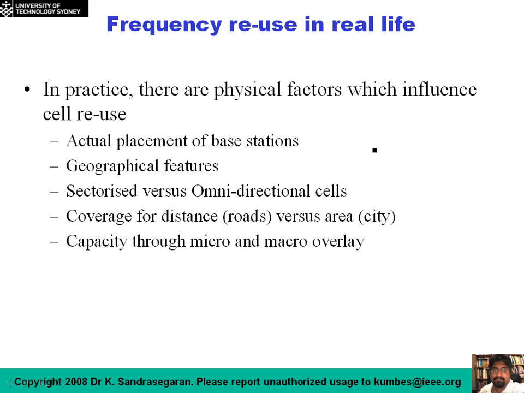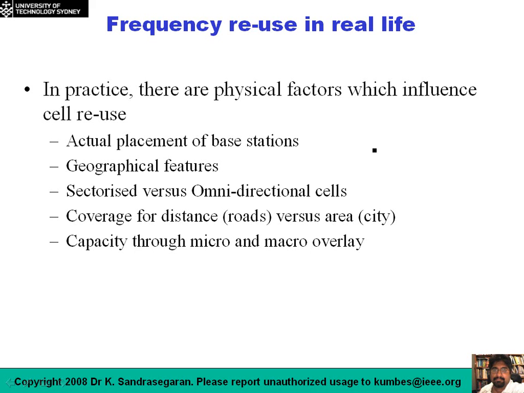Most of the time your base stations are already fixed in certain locations, so you have to work with those sites. You can't just put your base station wherever you want to. So the location of the base stations is in some way fixed, and there are also geographical features on the ground. So you might have hills and trees which will affect the shape of your cells.